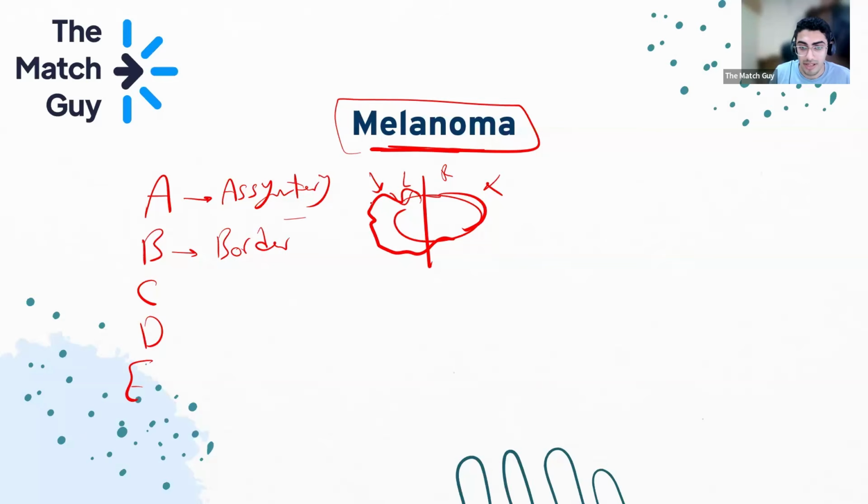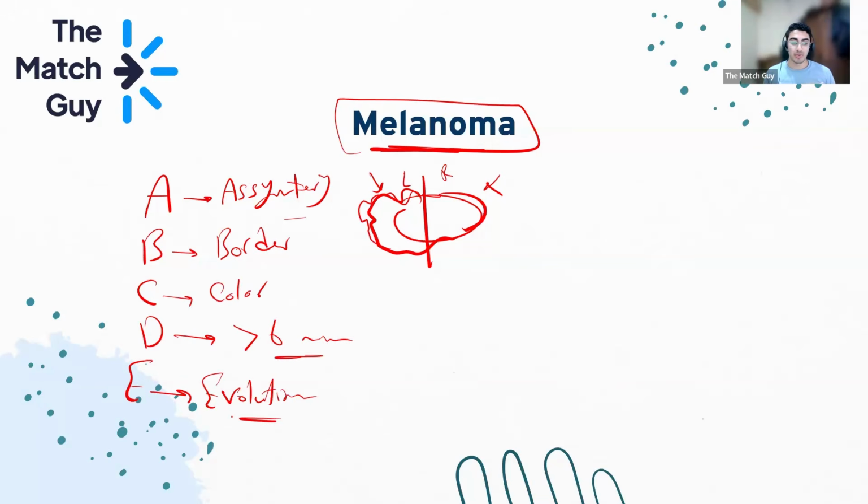C is for colors. We will have lots of color variation: brown, black. D is for diameter, more than 6 millimeters. If the diameter is more than 6 millimeters, this is a sign for melanoma. And E is for evolution over time, meaning the patient will tell you that this lesion is getting bigger. It wasn't the same as last year. So this is also a sign for melanoma.